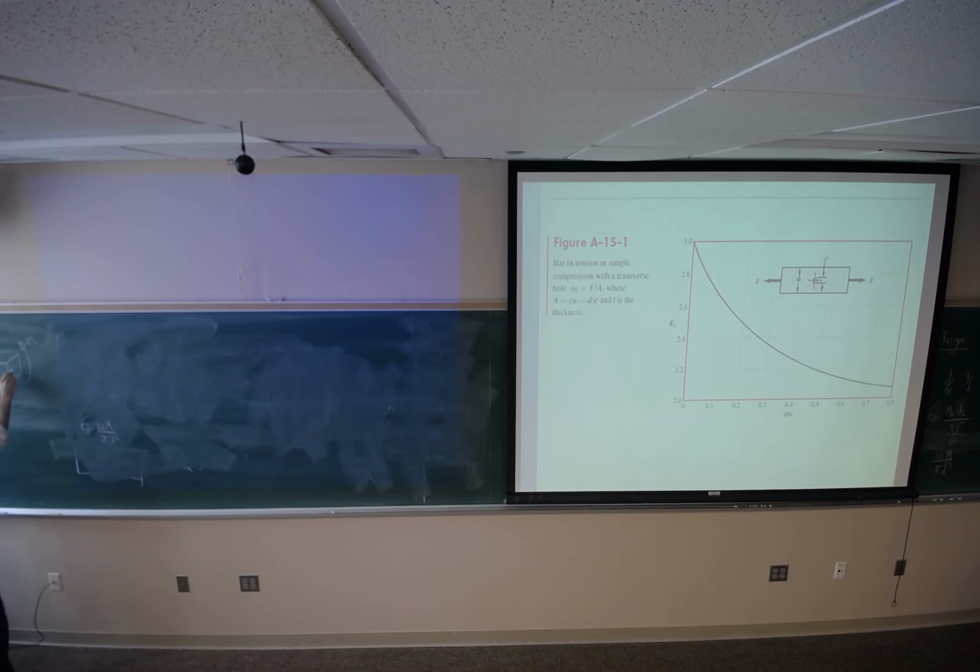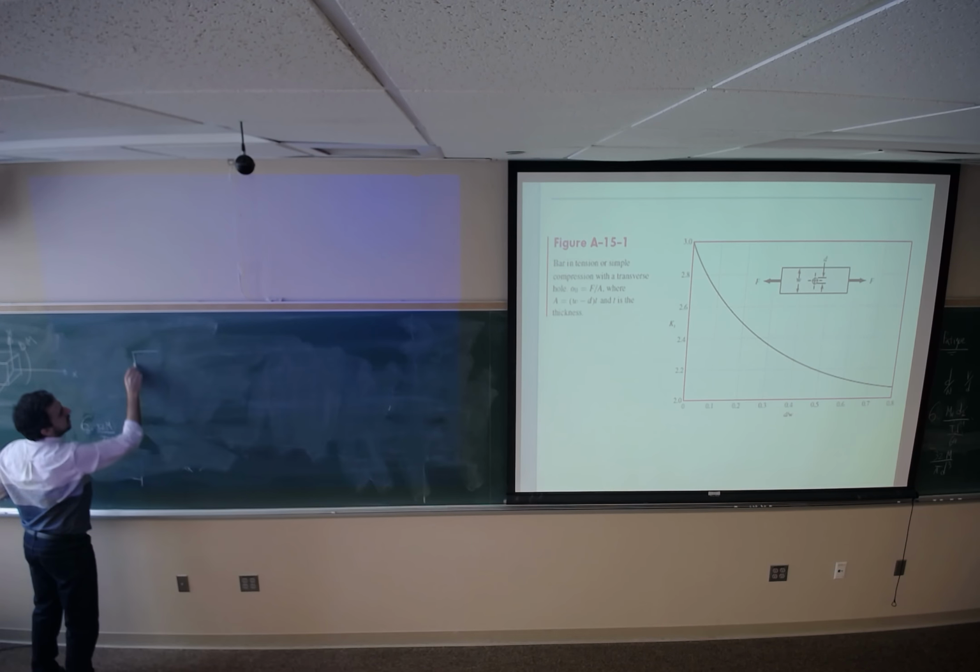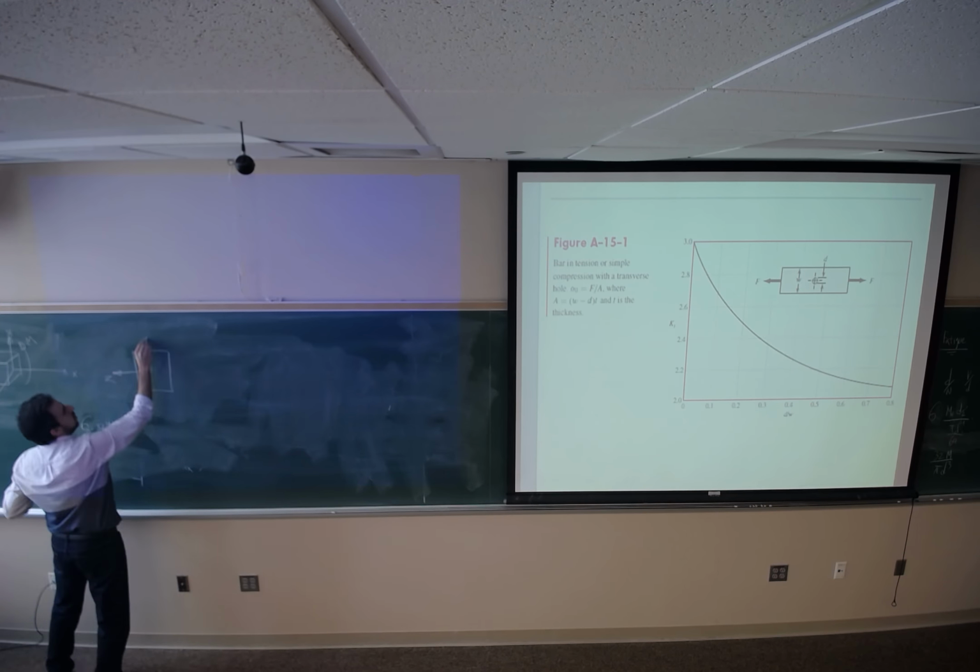If this is the x-axis, this is the z-axis, and this is the y-axis, the cross section is going to look like this: z-axis, y-axis.